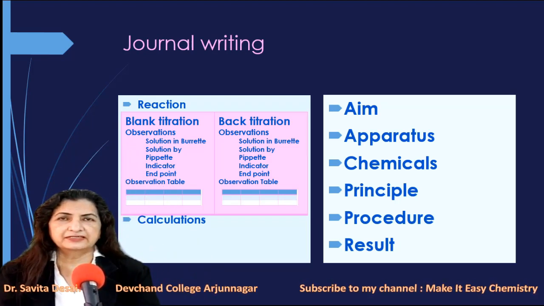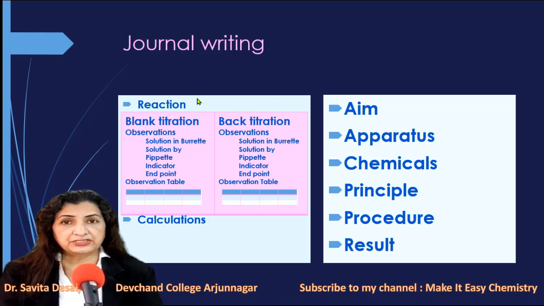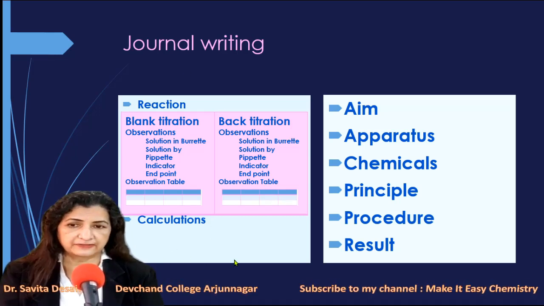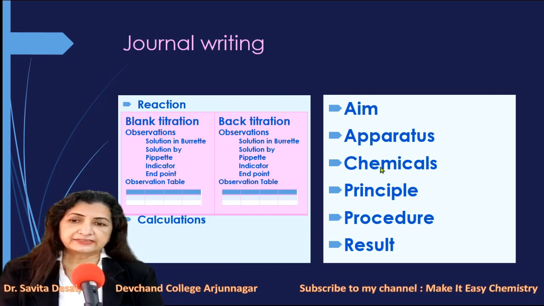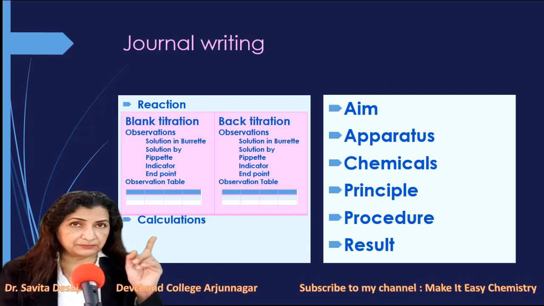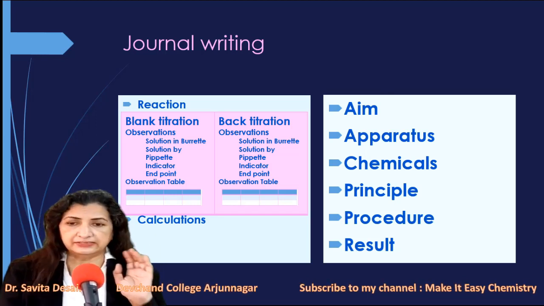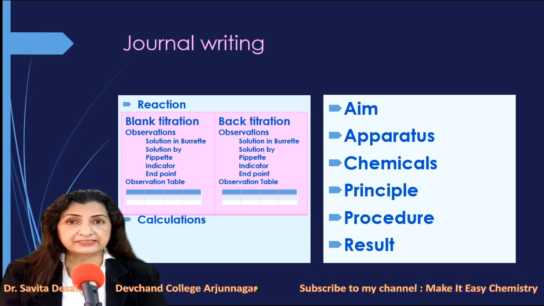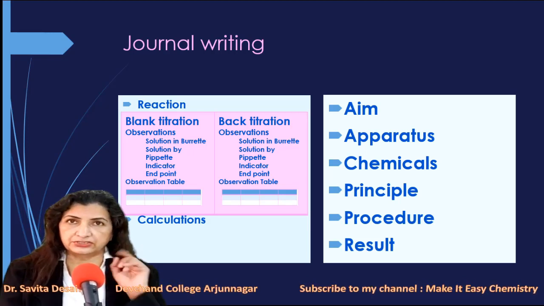At the left hand side, we are going to have the reaction, the observations and observation tables for blank titration as well as back titration, and then the calculations. Of course, at the right hand side, we write the same things: aim, apparatus, chemicals, principle, procedure and the result. This is the method in which we represent this experiment in our journal.